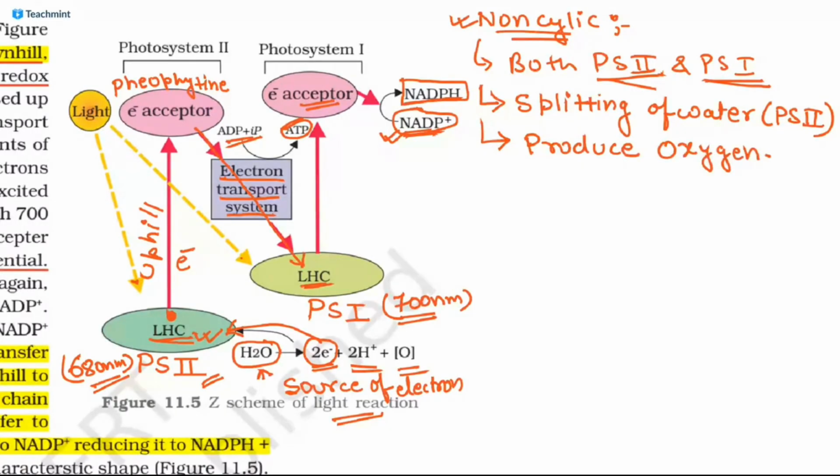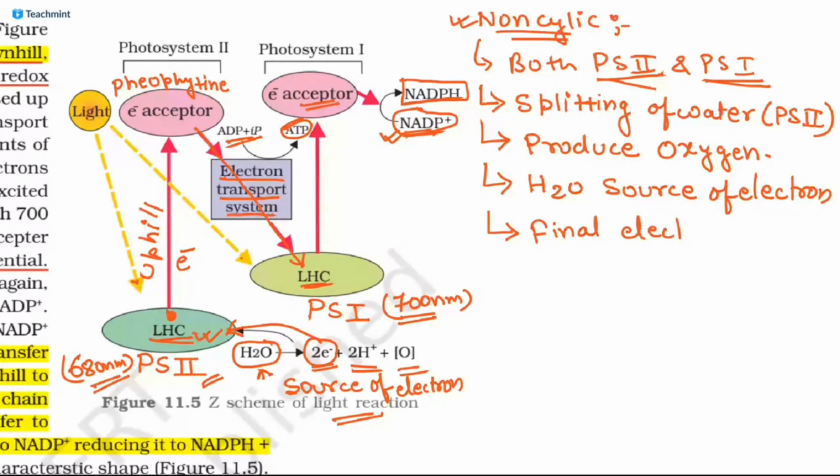So H2O acts as the source of electrons, and the final electron acceptor is NADP plus. Further, this conversion of NADP plus into NADPH requires an enzyme called NADPH reductase.